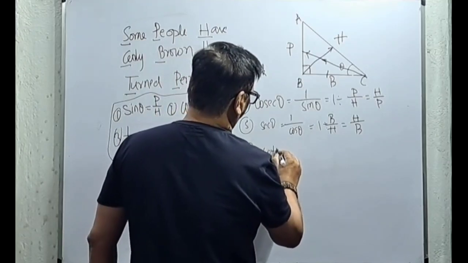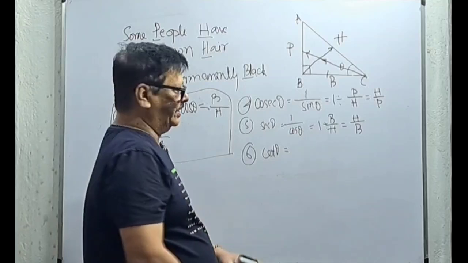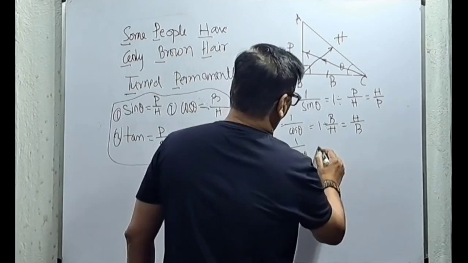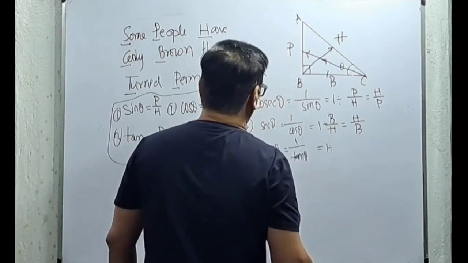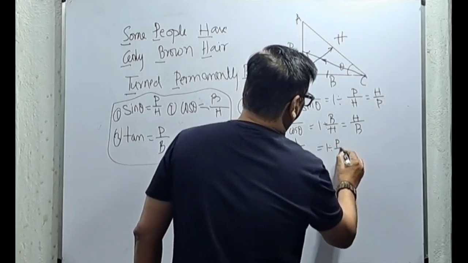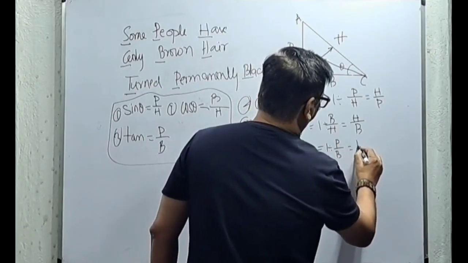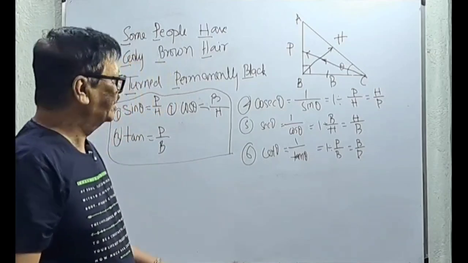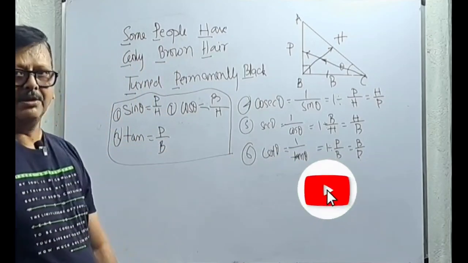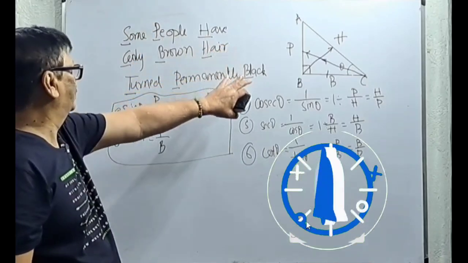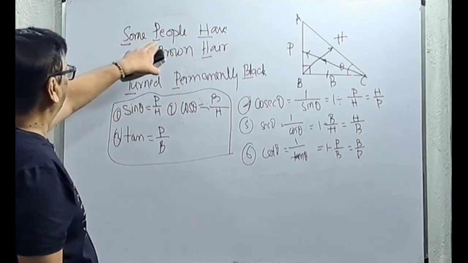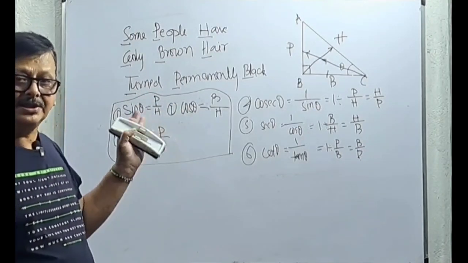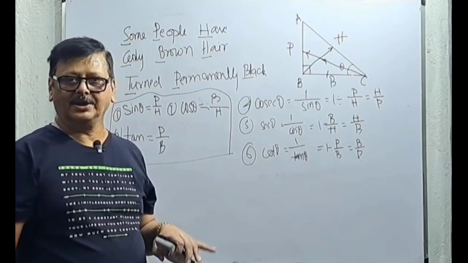Cot theta is reciprocal of tan theta, which is 1 divided by P by B, which is base by perpendicular. Correct? This is what you got. Is it clear? Here is the rule, the rhyme, how you remember, how it is applied, correct? That way you can remember this relation between the angles and the sides much more easily, correct?